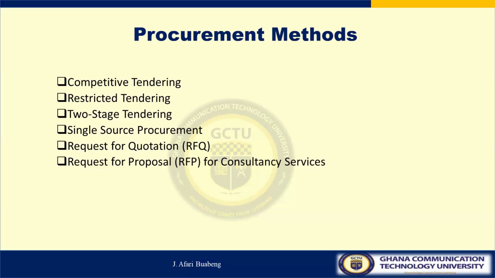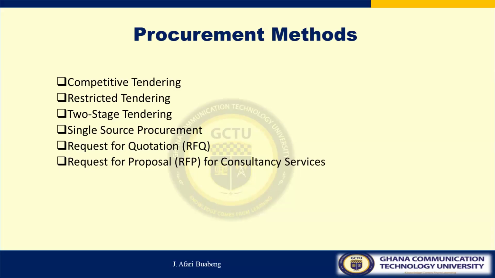So the rules will tell you which of the method should be used under which condition. So you don't have that freedom to do whatever you want. You work with the law, you work with the rules, you work with the guidelines. So there are a number of procurement methods. And the following are some of the common ones.